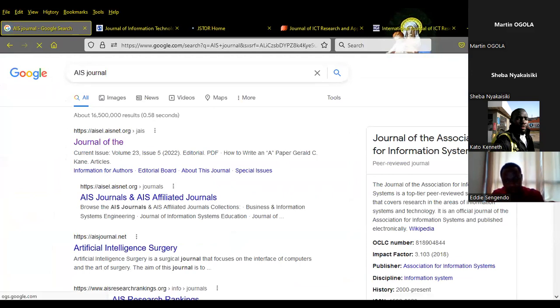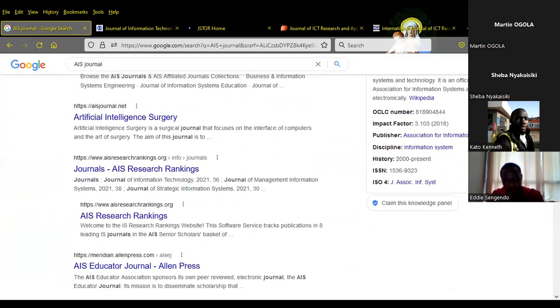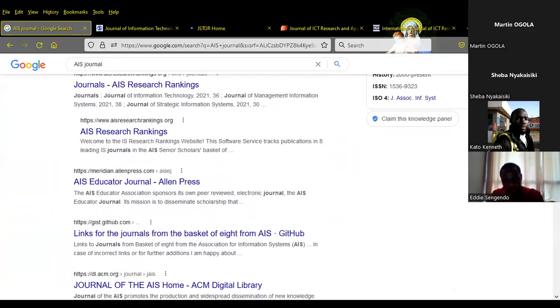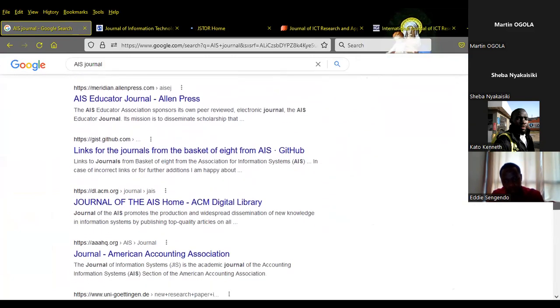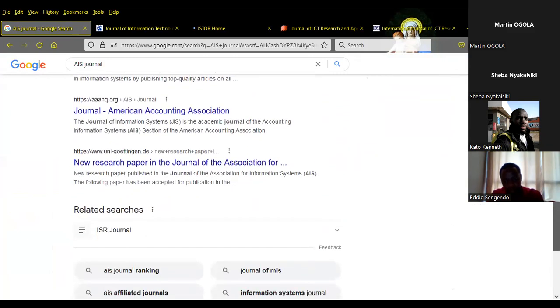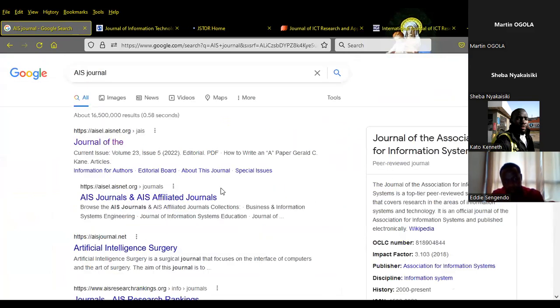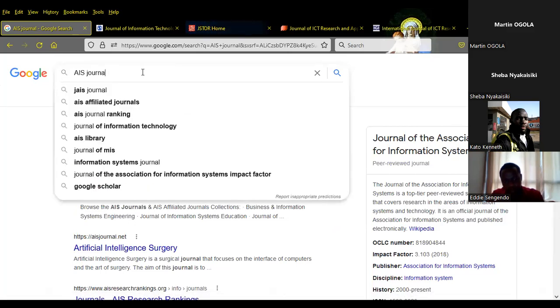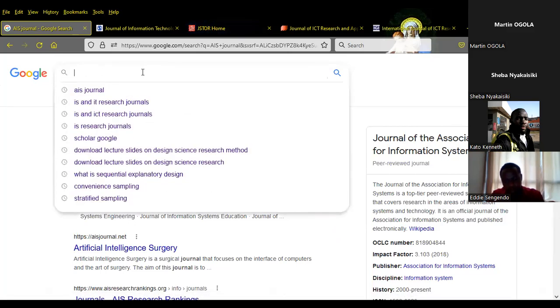Yes, Doctor, maybe as a suggestion, we were walked through how to use the Uganda Librarians Consortium, and we were given databases that are specific to IS and ICT.